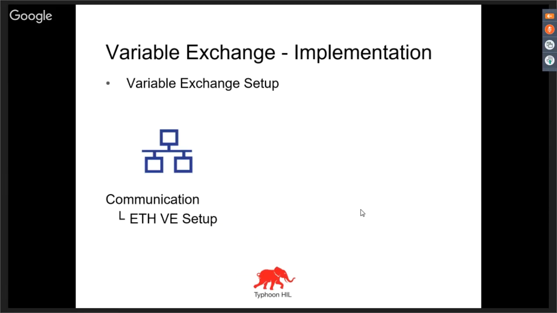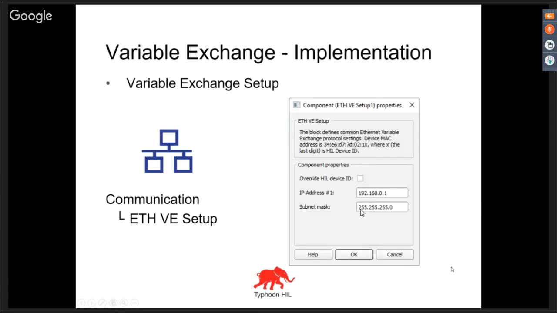This is how it is implemented in the toolchain. We have this under Communication, Ethernet, Variable Exchange, and we have this component Setup, with which you can configure IP addresses of all the devices that are connected to your PC.